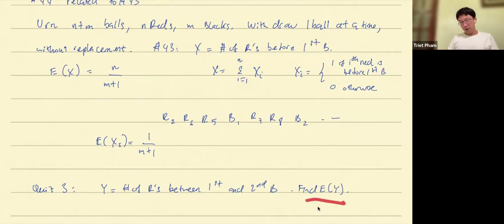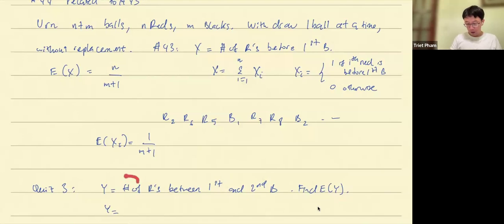So again, you should not be surprised that the theme of a lot of the questions you see is, when you find expectation of something, and even variance, which you'll see soon, you try to break it down to a sum, especially with counting.